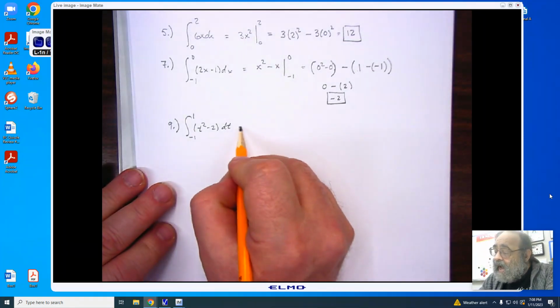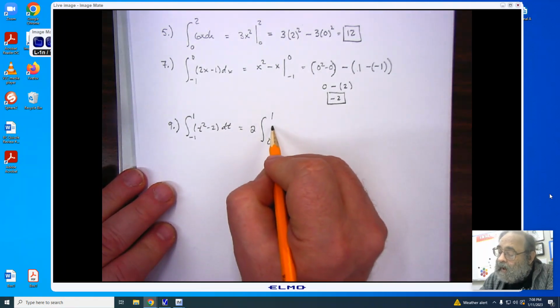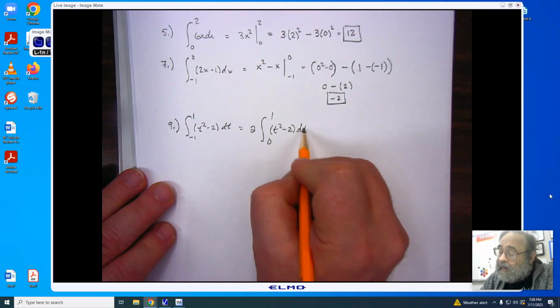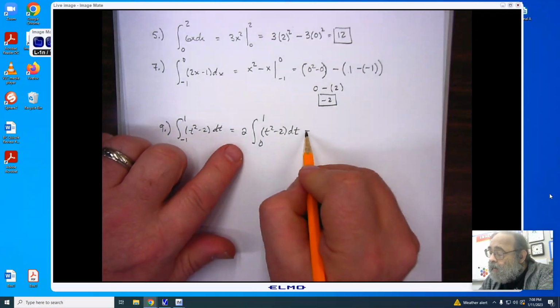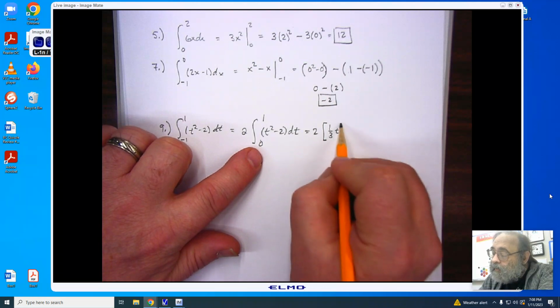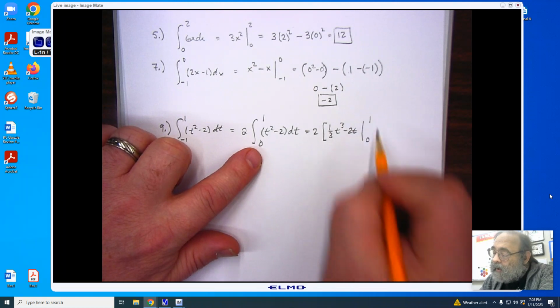I'm looking at this as 2 times the integration, 0 to 1, of the t squared minus 2. Using the fundamental theorem of calculus will allow me to have 2 times 1/3 t cubed minus 2t from 0 to 1.